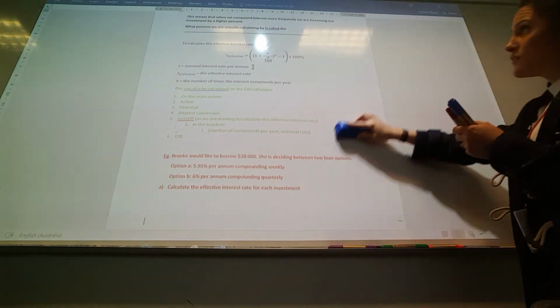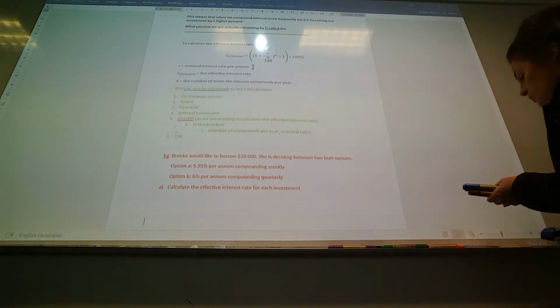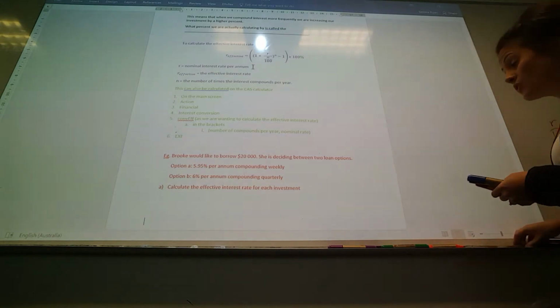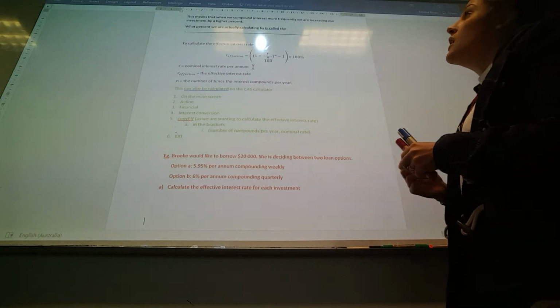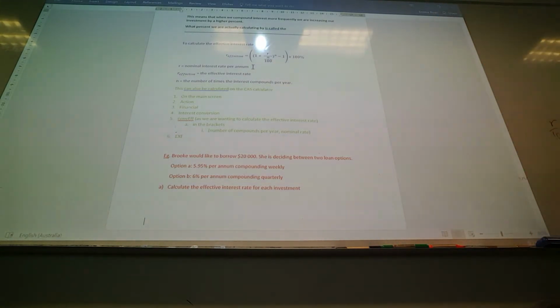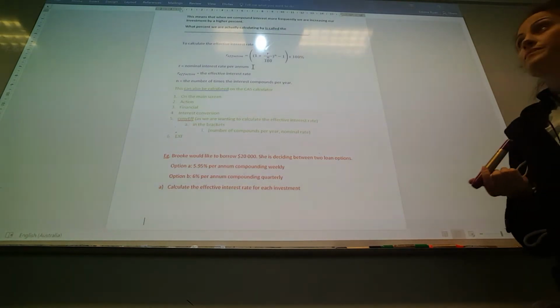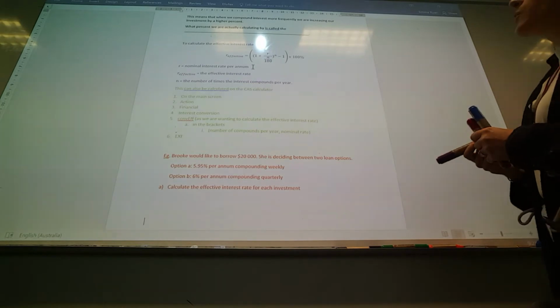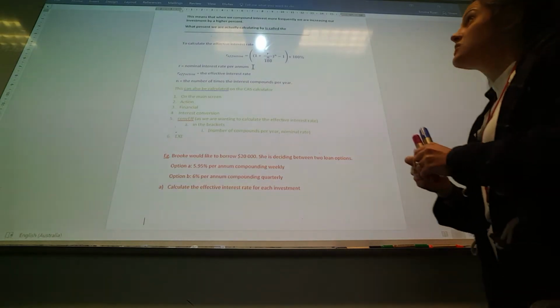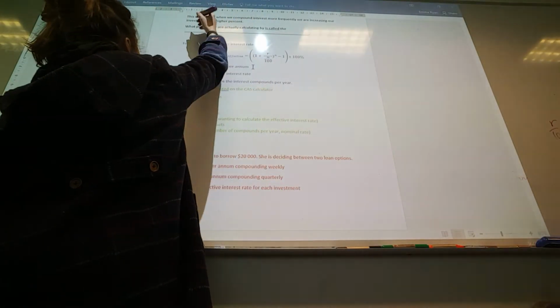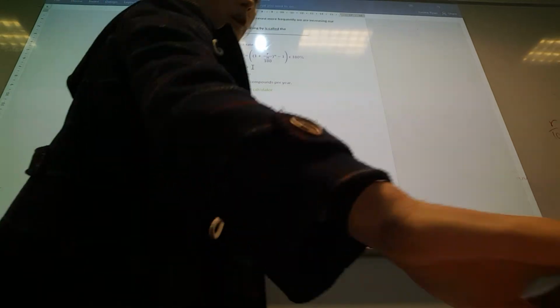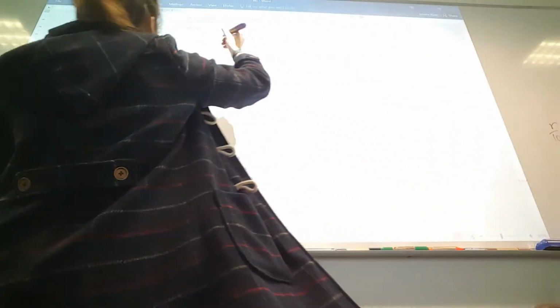Okay, so what we found out from doing that, well, it wasn't little, that big thing, is that when we compound interest more frequently, we are increasing our investment by a higher percent. What percent we are actually calculating it by is called the, let me get the word right, effective interest rate.